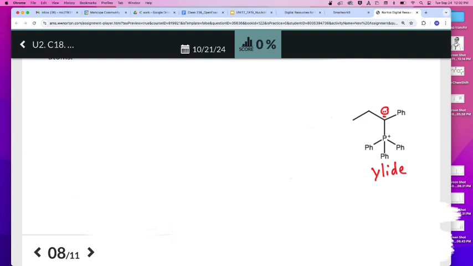Man, I'm going to have to redraw it over here. Okay, and we'll see why I'm doing this in a second. But this is what I see when I see Wittig. See the negative and the positive.